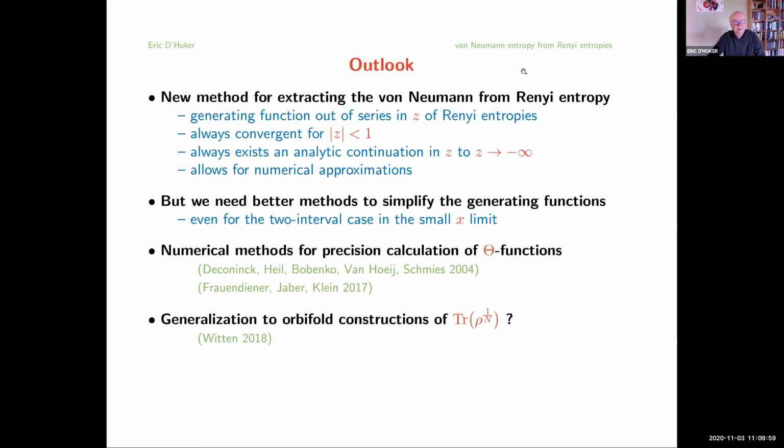I think in those cases, usually, because you have a continuous variable to start with, the deficit angle is in some sense a continuous variable. I think the analytic continuation is always more reliable because it's geometrical. You don't start from the Renyi entropies there.